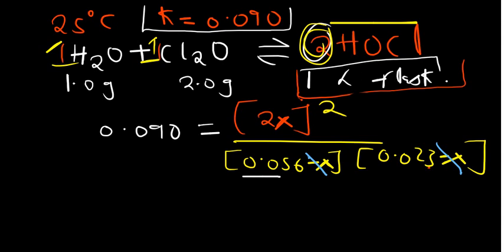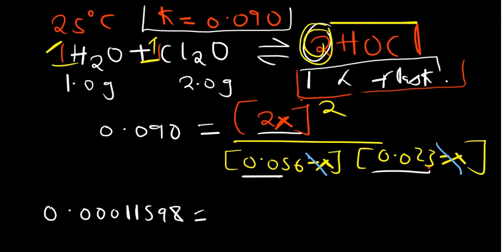So that you remain with this multiplied by that: 0.056 multiplied by 0.023, then multiplied by 0.09 since we're cross multiplying there. So I have 0.0011592. Then this side, 2x squared is 4x to the power 2.